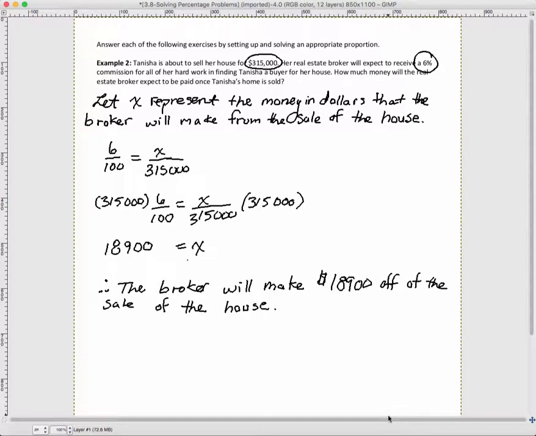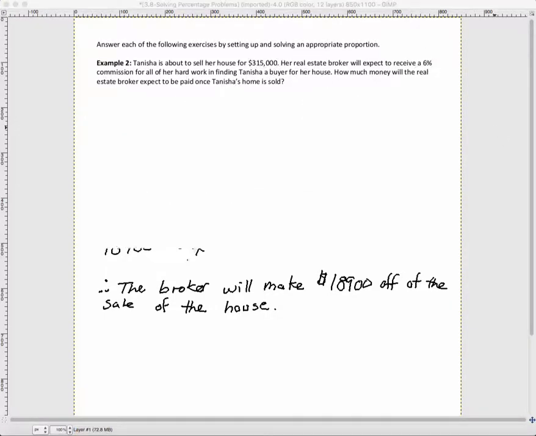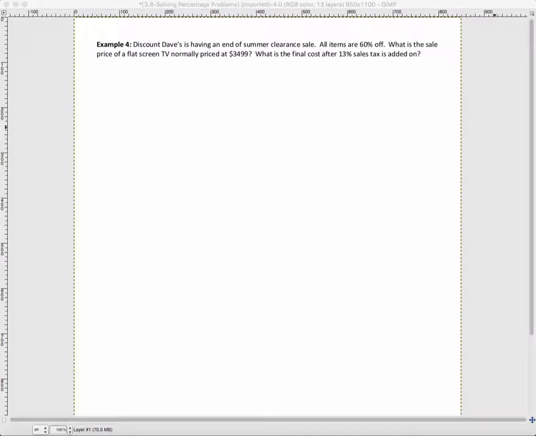So that there is a problem where we were looking for a part of a whole, or part of a total. All right, so let's look at another word problem here. This problem says Quinn decides to raise all of the prices at his store by 4%. So Quinn's obviously a store owner.